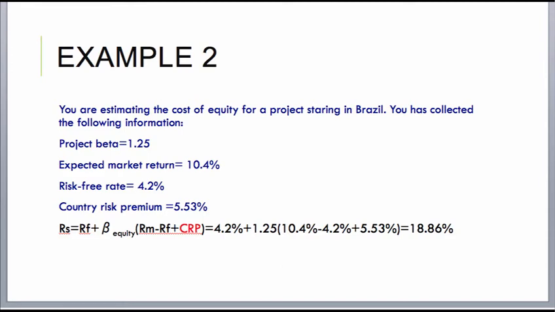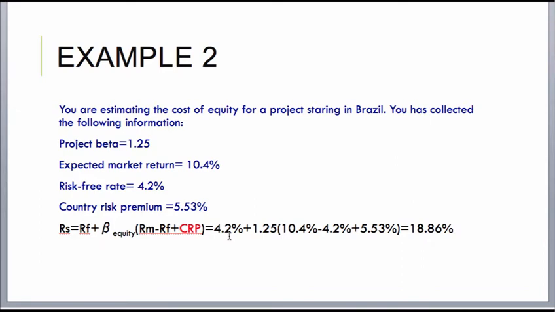If it asks you to calculate the cost of equity of a developing country, you need to use the revised CAPM equation to calculate it, right? So the revised CAPM equation is listed here, and we just need to apply these numbers into the equation. The numbers are all given here.